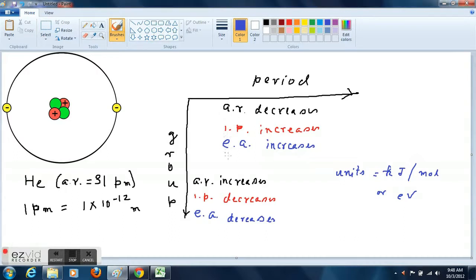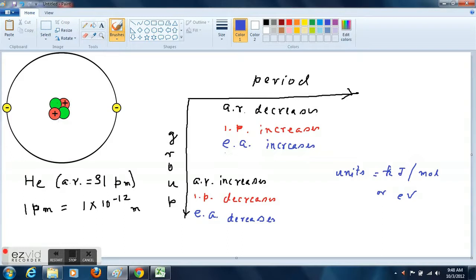It's a very schematic diagram of a helium atom having two neutrons and two protons in the nucleus and two electrons orbiting. It is a very simplistic diagram, and the atomic radius of helium is 31 picometer. Picometer is the unit of atomic radius.